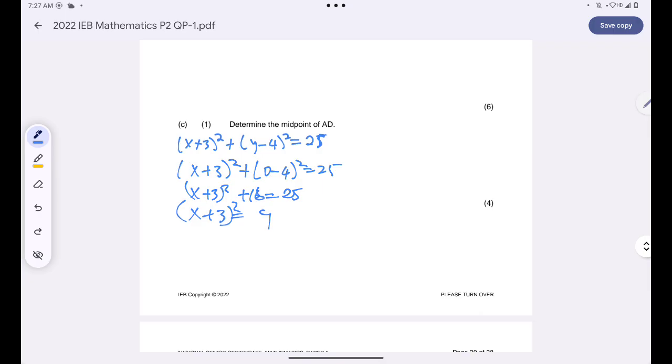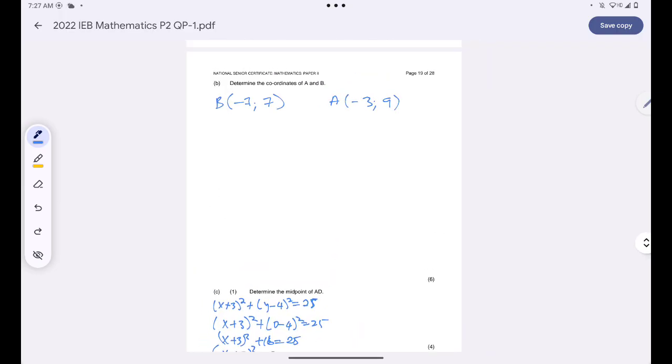And then I'll take the square root on both sides. Then x plus 3 is equal to negative 3, or x plus 3 is equal to positive 3. So x is equal to negative 6, or x is equal to 0.